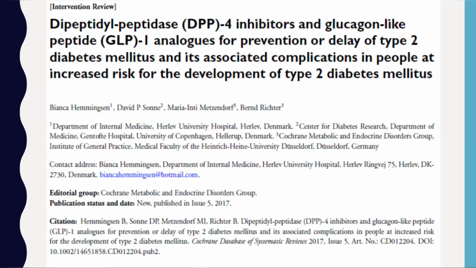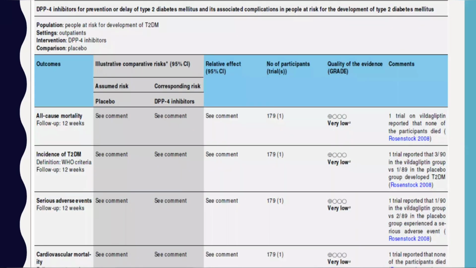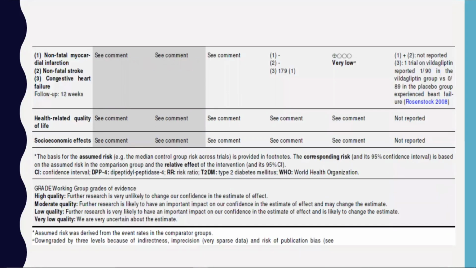Vildagliptin has been studied in detail in many studies, both clinical as well as experimental, and the side effect profile, including all-cause mortality, incidence of new diabetes, serious adverse events, and even cardiovascular mortality, has been found to be quite low. So it is a pretty safe drug to be used, provided you select the right kind of patient.